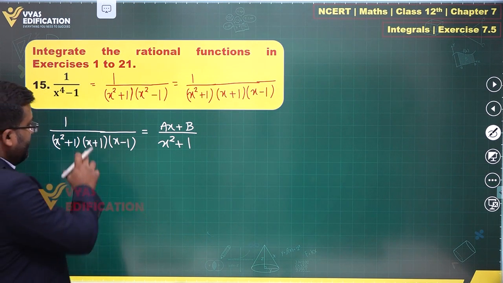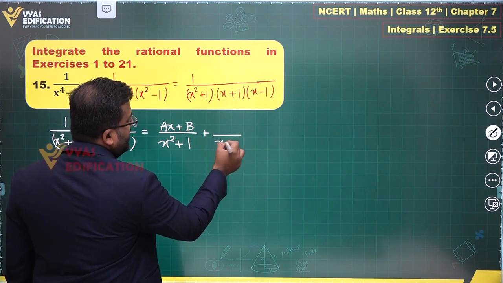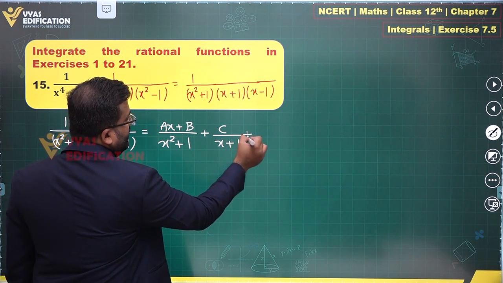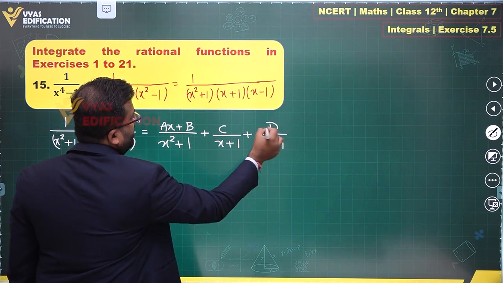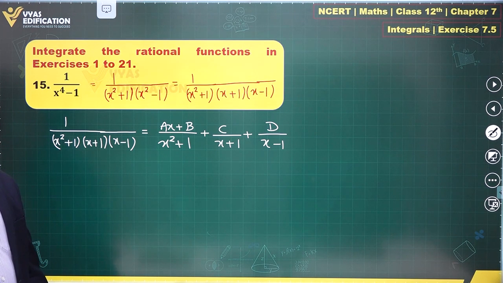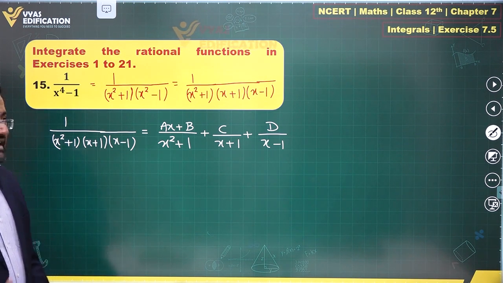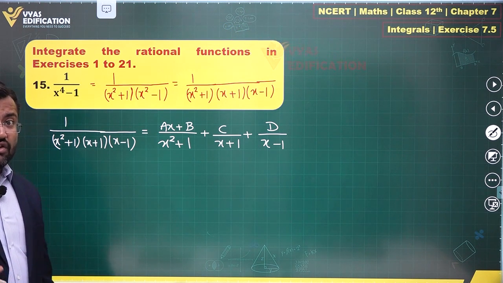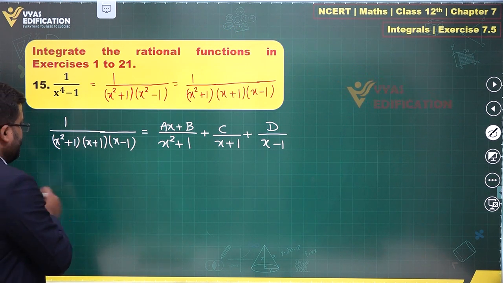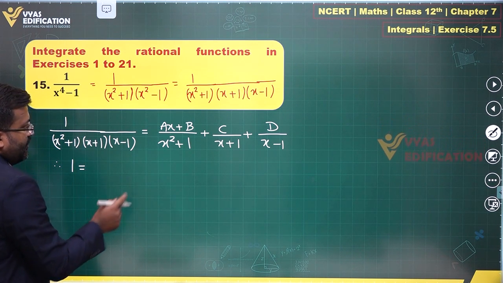Yes. Then you will have this x plus 1 in the denominator, which will have a simple constant c in the numerator. Then you will have x minus 1 in the denominator, a simple constant d in the numerator. That's what you will be looking at. Right? Okay. Once you have written this, then we can find the values of a, b, c and d by comparing the numerators, right?